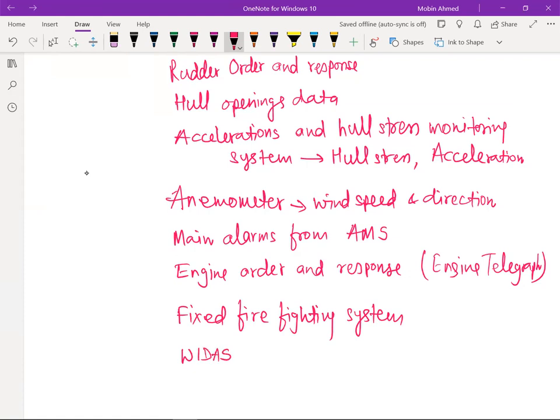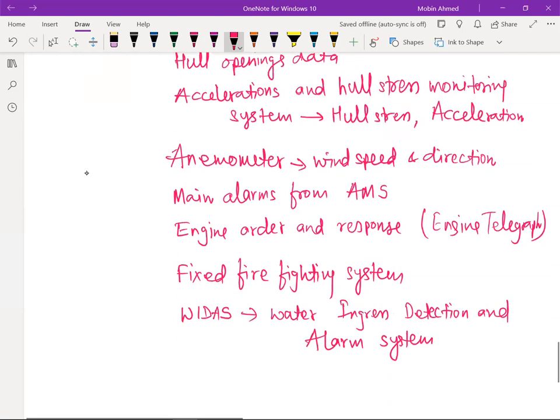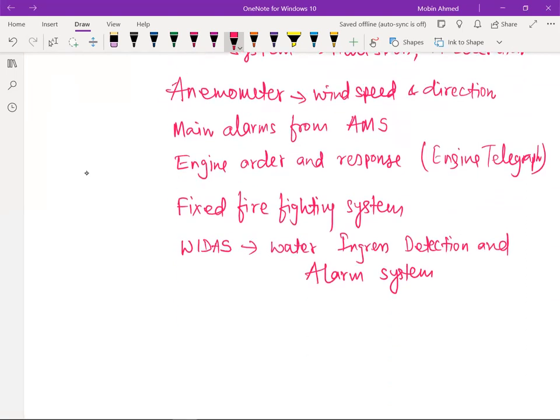VIDAS is water ingress detection and alarm system. Then watertight and fire door status.